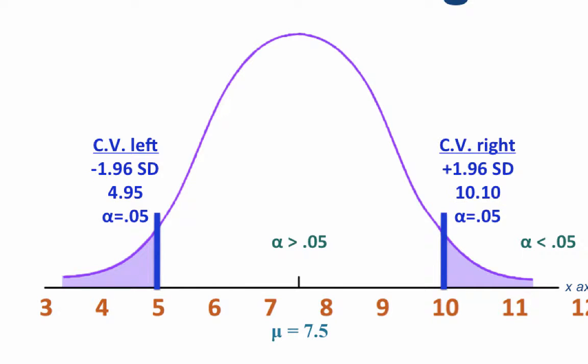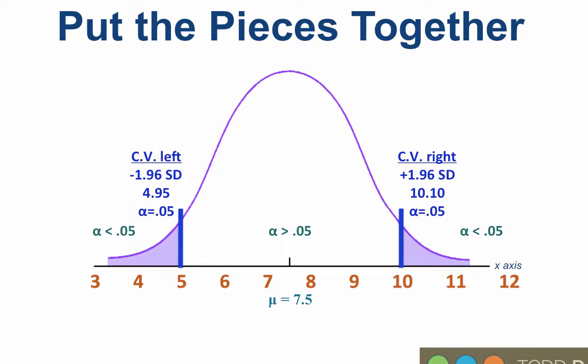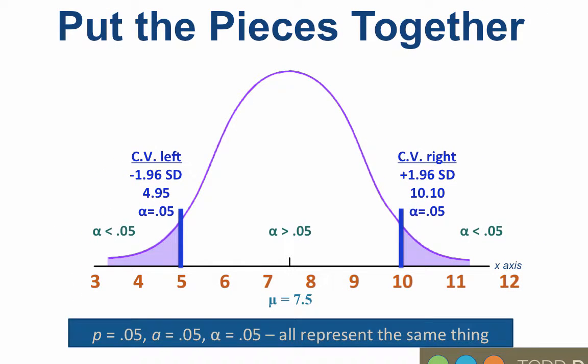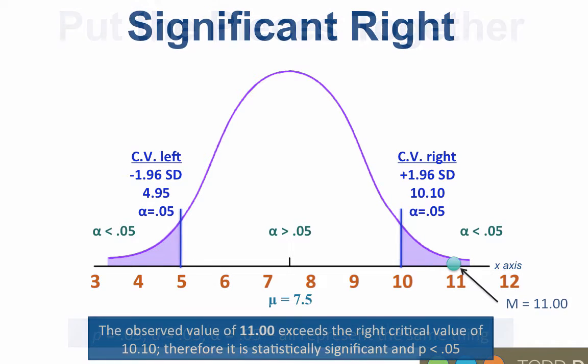The probability of finding a score far from the mean outside of the left fence is less than the cutoff of 0.05. Alpha is less than 0.05. And because different terms can be used, P equals 0.05, A equals 0.05, and alpha equals 0.05 all represent the same thing. Let us interpret the findings for our baby weight example.